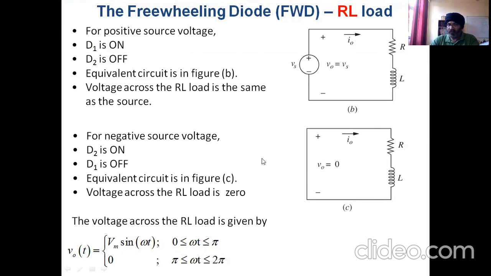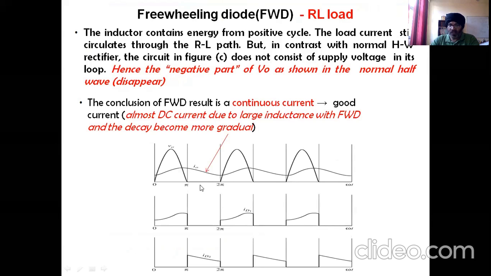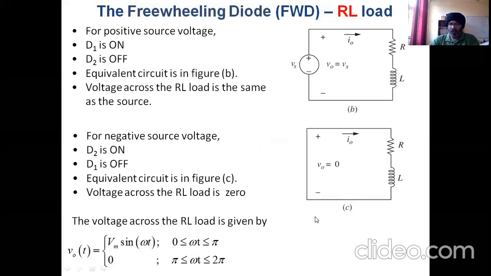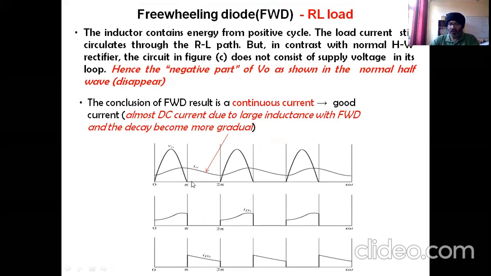The negative half cycle of the supply is completely disconnected. So that's why we do not get a negative half cycle as we saw earlier. The negative supply is removed now, clipped now.